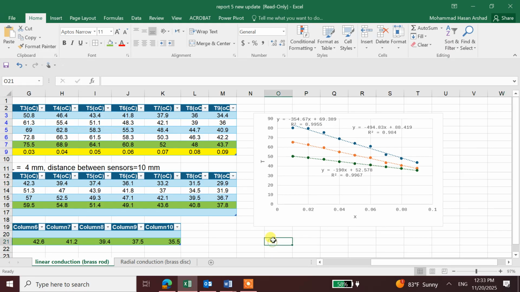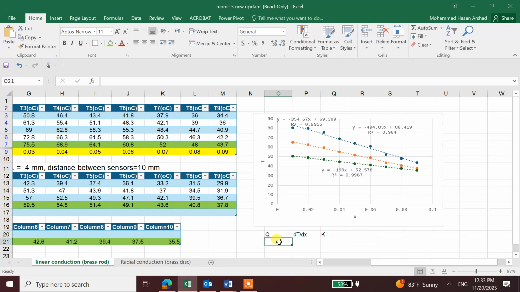So what we have, q, dT/dx, then you can find the k, right?